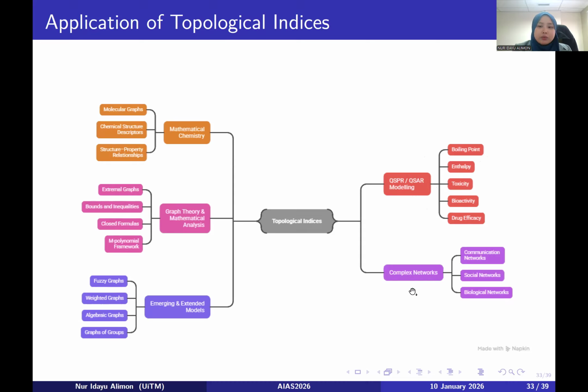And then we also have complex networks, communication networks, social networks, and biological networks that we can convert into graph theory or molecular graph theory, so that we can compute the topological indices. And then we have mathematical chemistry, graph theory, and mathematical analysis. This one is what we are doing. So imaging and extended models. So we have fuzzy graphs, and so on.